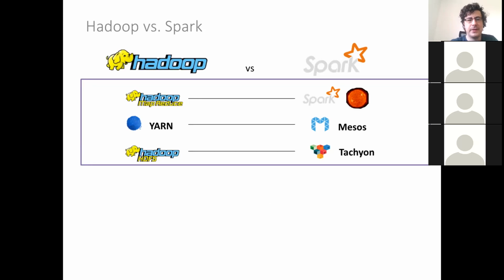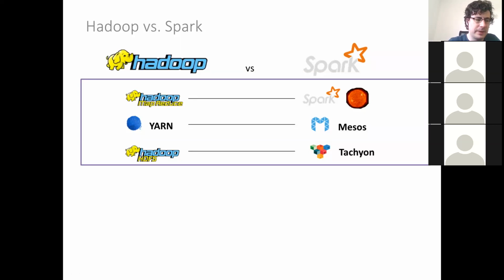But what we've seen is just the core of Spark. In fact, Spark is a very large library of different types of features, architectures, and components for different types of applications. So what we've seen is the core of Spark, which is equivalent to something like MapReduce in Hadoop. We've not really spoken in detail about Yarn, but Yarn is a resource manager for Hadoop. It's essentially what decides which machines will run which parts of the MapReduce task.